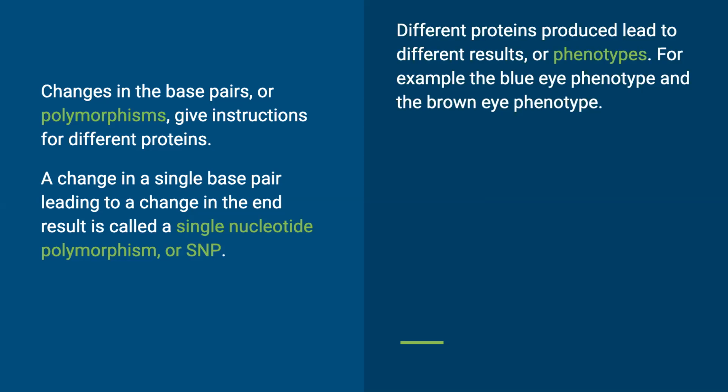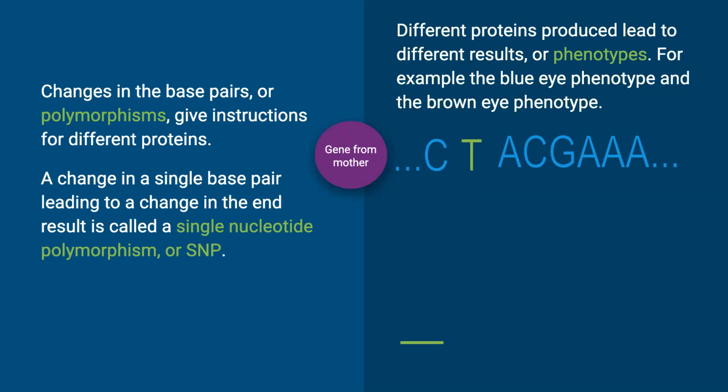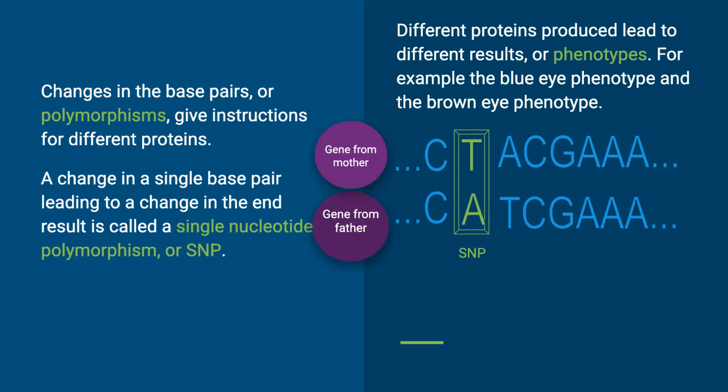So different proteins produced lead to different results or different phenotypes. So for example, you have the blue-eyed phenotype and the brown-eyed phenotype. So you have this gene code for the mother, and you have this gene code from the father, and this here is the SNP, okay? This is the one that can change from person to person. Everything else is the same.